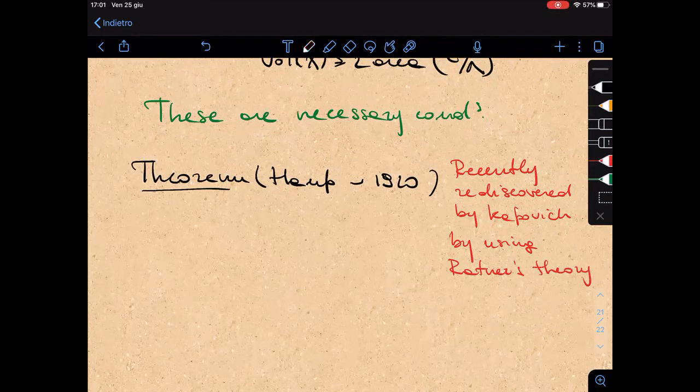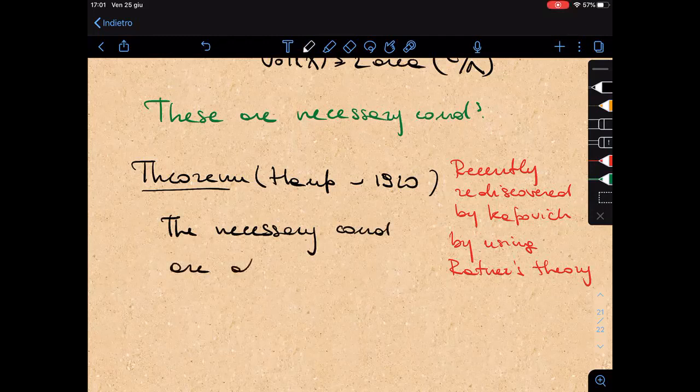This theorem says that the necessary conditions are also sufficient.